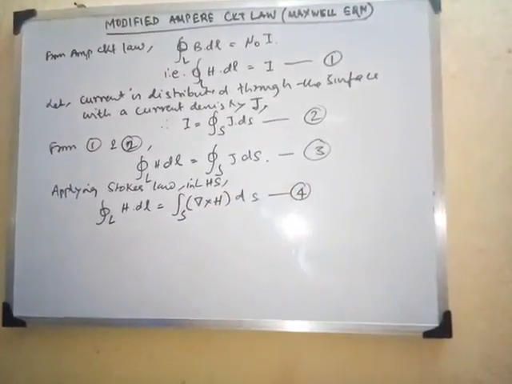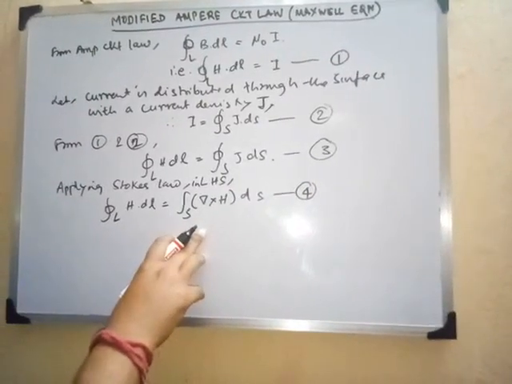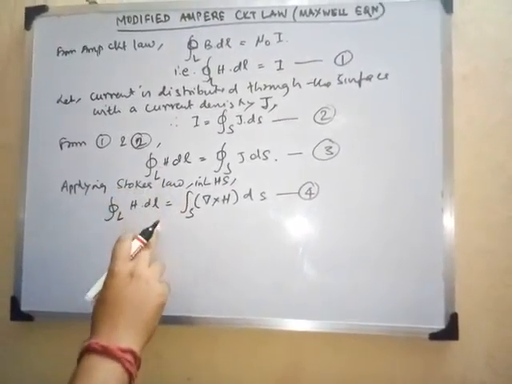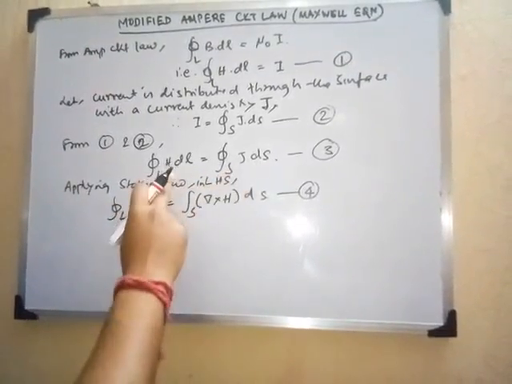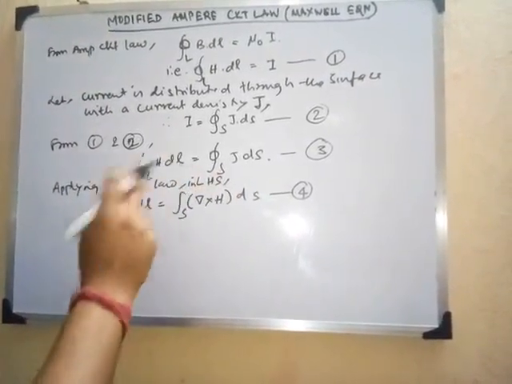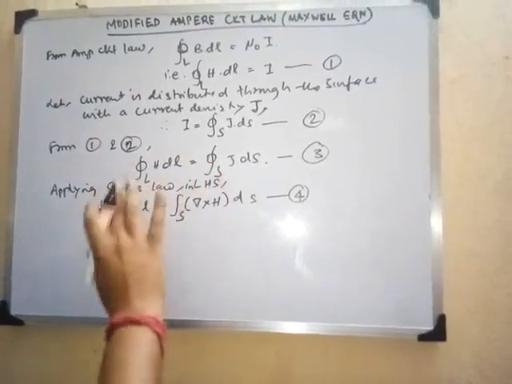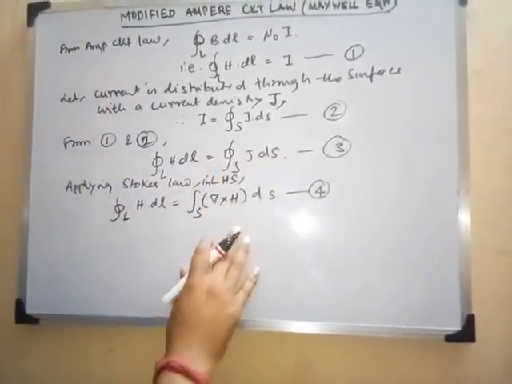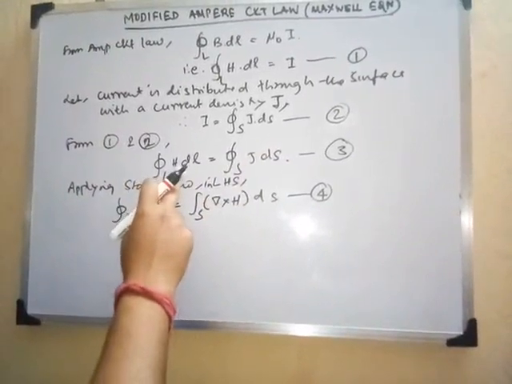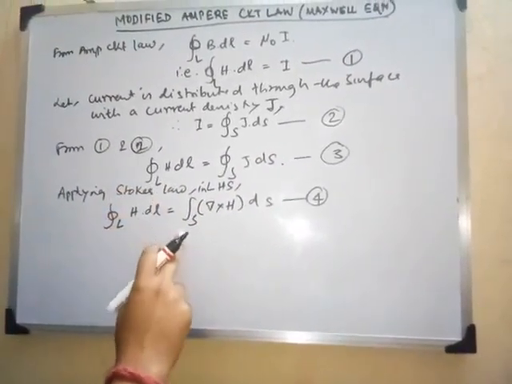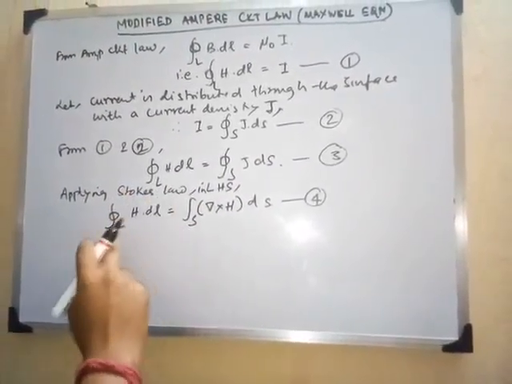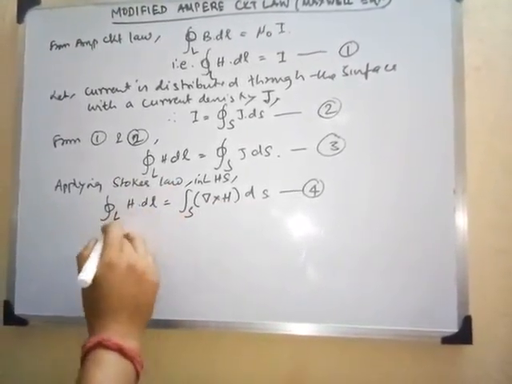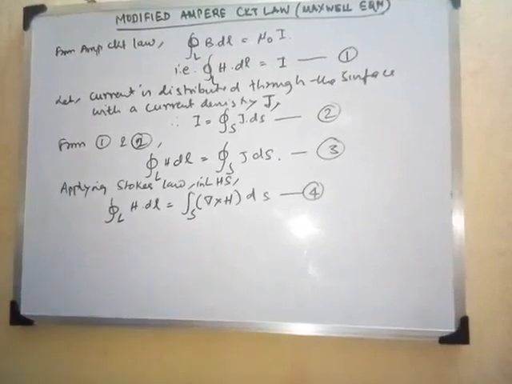Let us consider this. As you know, Stokes law converts a line integral to a surface integral. This side is a surface integral, this side is a line integral. So we need to convert them to the same dimension, or in respect to the same variable. That is why we convert this line integral into a surface integral by applying Stokes law, so both sides are now surface integrals.